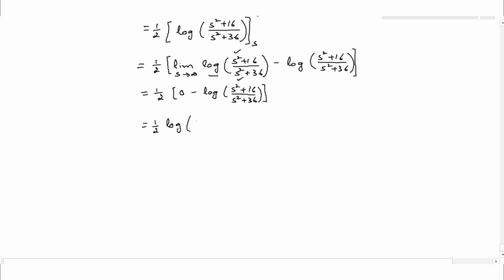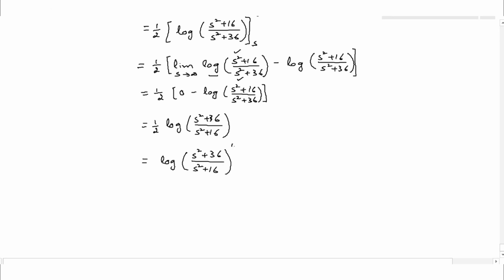It becomes s square plus 36 divided by s square plus 16. Or this can be written as log of s square plus 36 divided by s square plus 16.